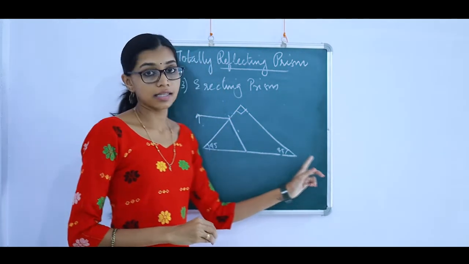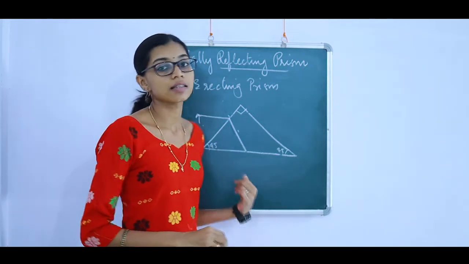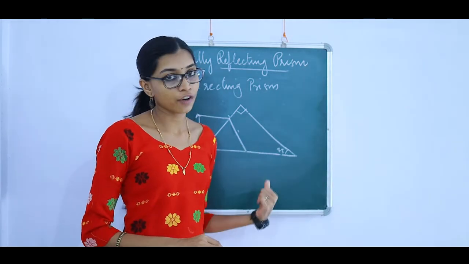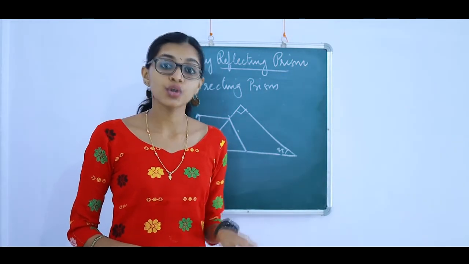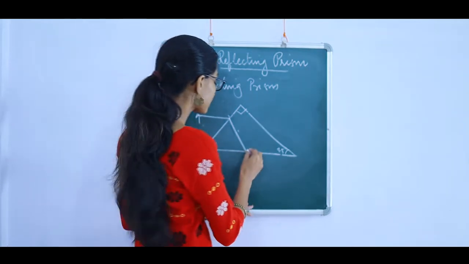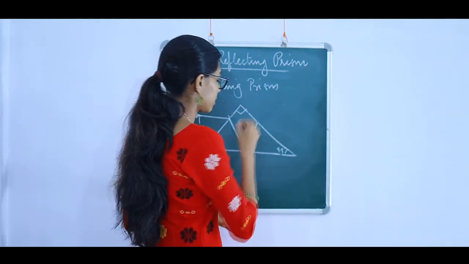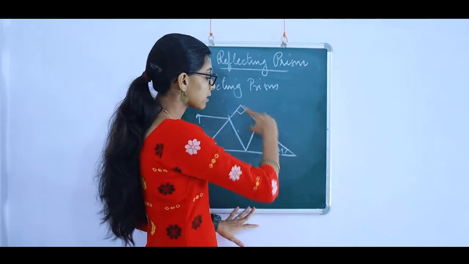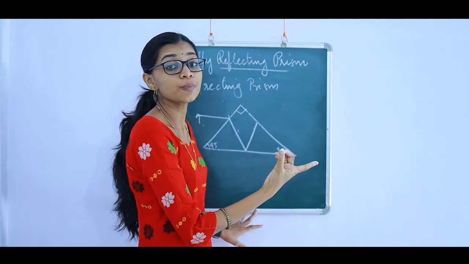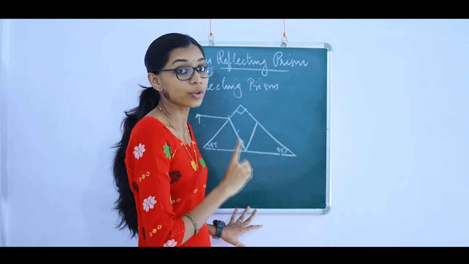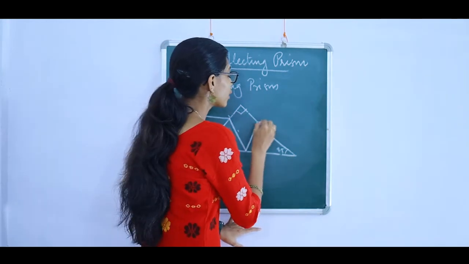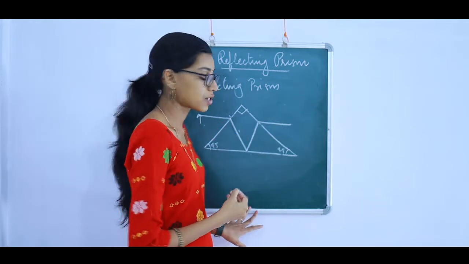This will undergo refraction like this. But at this surface, this is glass, this is air, it falls at 45 degree, it will undergo total internal reflection and it will go back like this. Again, at the surface, it will undergo refraction, not total internal reflection, it will undergo refraction like this.